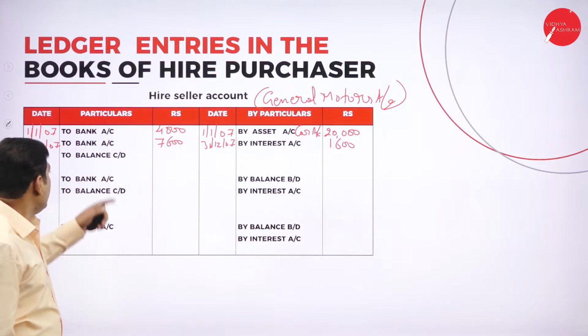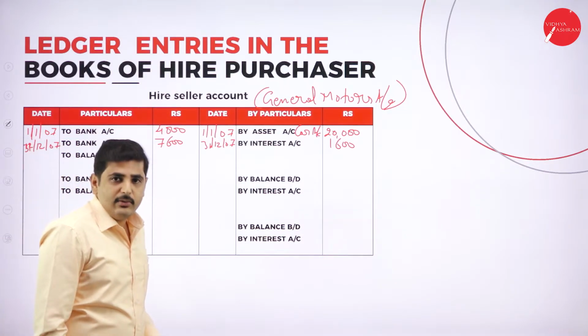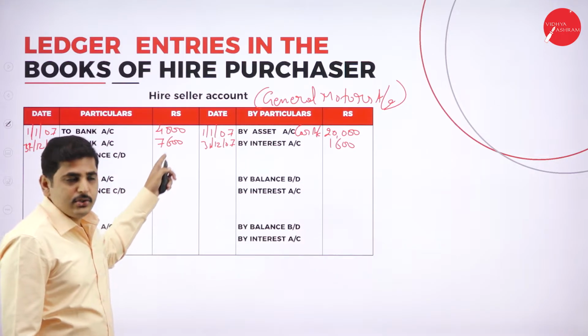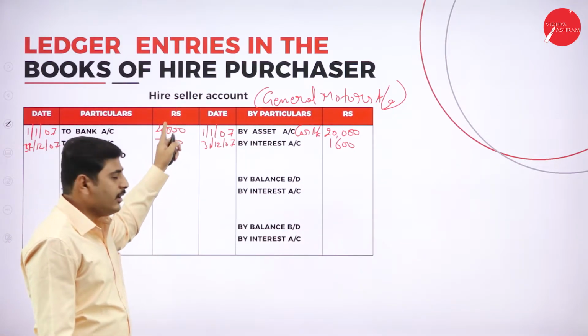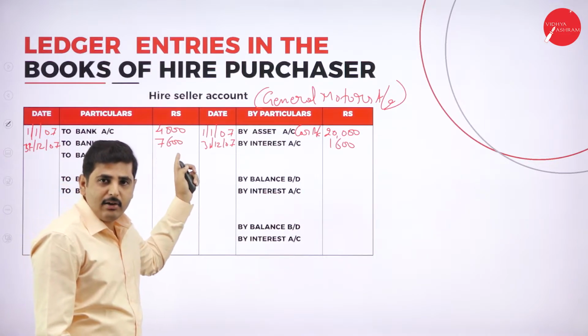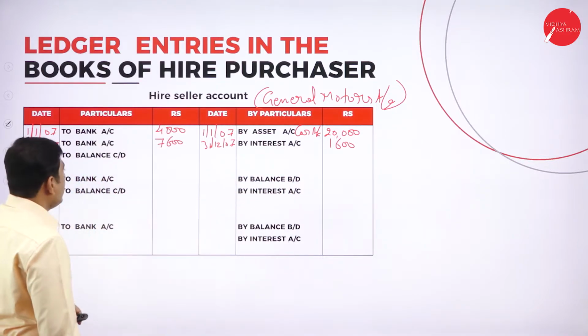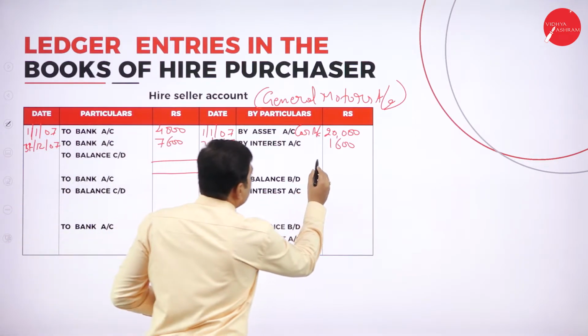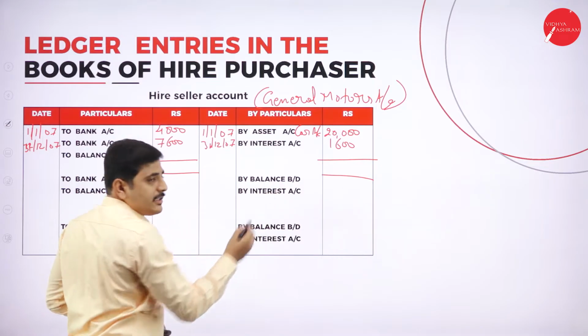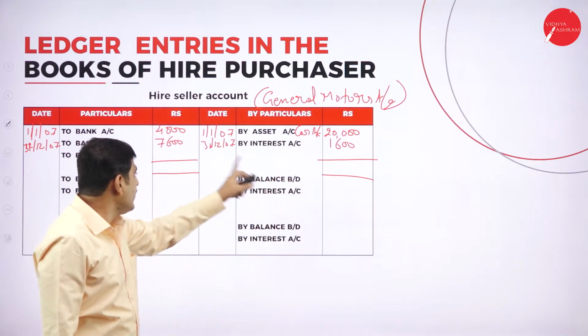Journal entry is hire seller account debit to bank account. So by hire seller account to bank account. Next one, let's add both the sides. Which is the higher? 20,000 plus 1,600, 21,600, that is the higher.